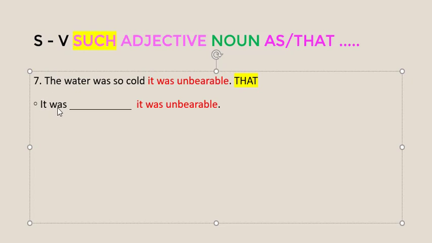Let's continue with the next pattern. It was such. And then we have to put the adjective. The adjective here is "cold". It was such cold. After the adjective, we have to put the noun. The noun here is "water".